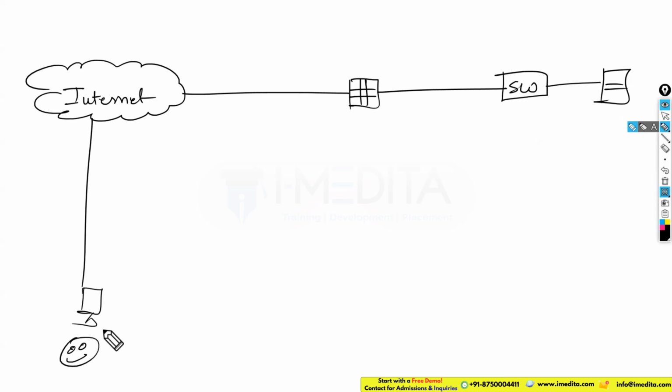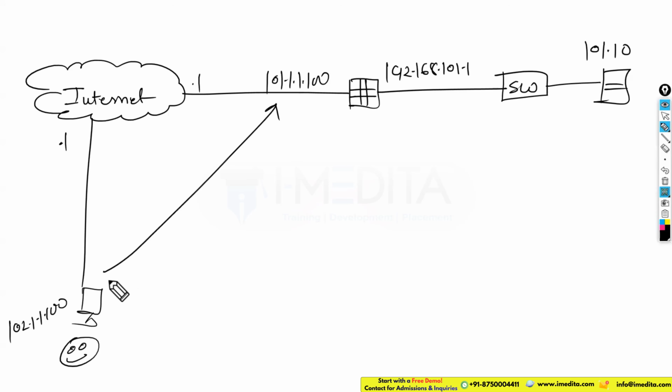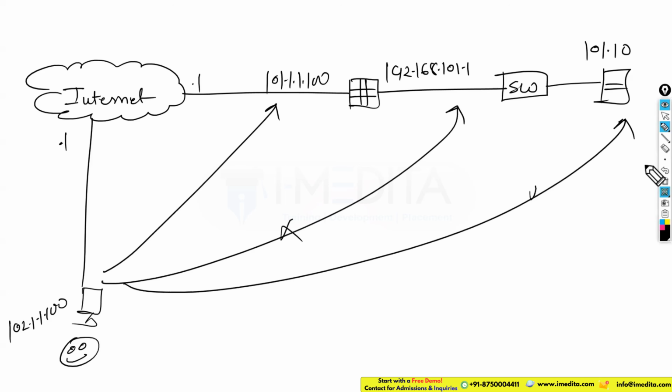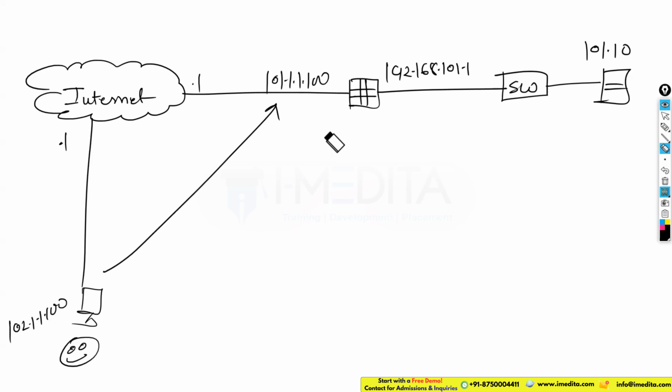Now when the user is connected with the internet, it has a public IP. The firewall also has a public IP. The LAN will use private IP. A public user can access only up to public, but can't access the private network. But we want the user to be able to access the internal network.